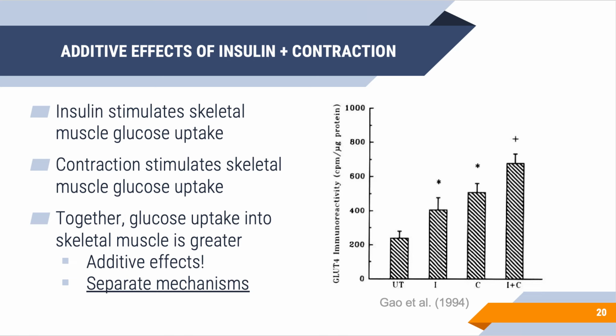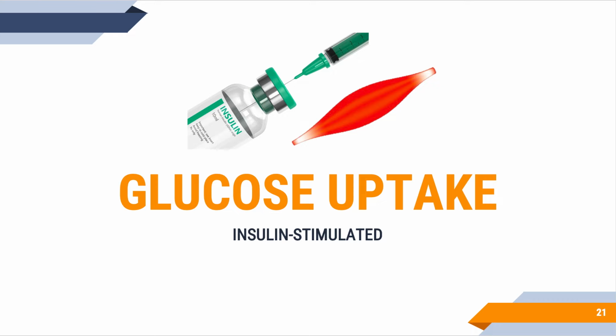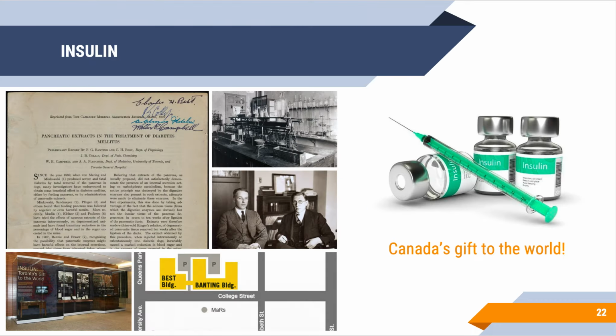What this suggests is that they're actually occurring through separate mechanisms. Because of that, we can delve into the different mechanisms for how insulin and contraction-mediated pathways work. So we'll start with glucose uptake through insulin-stimulated pathways.